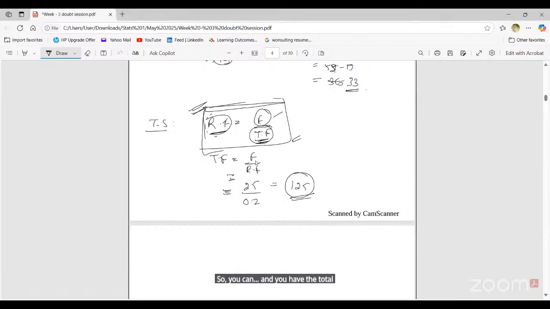So X plus Y plus Z plus W plus 25 is basically 125. And you have been given this sum, which is 75. So W would be 125 minus 25 plus 75.